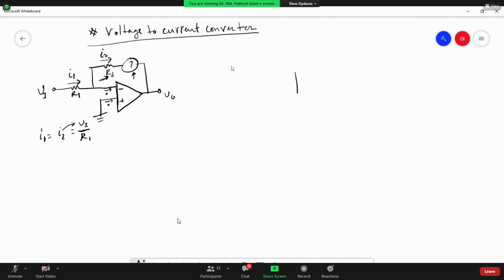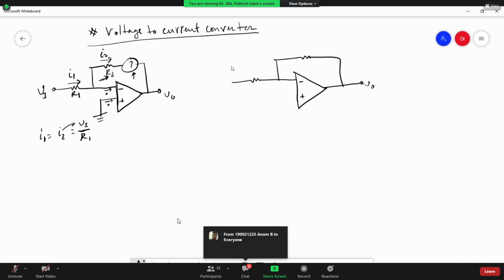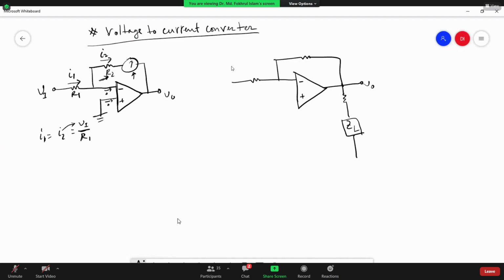So we can consider another inverting circuit, minus plus, input impedance, feedback impedance, output, then we can take a load ZL which is connected to the ground.